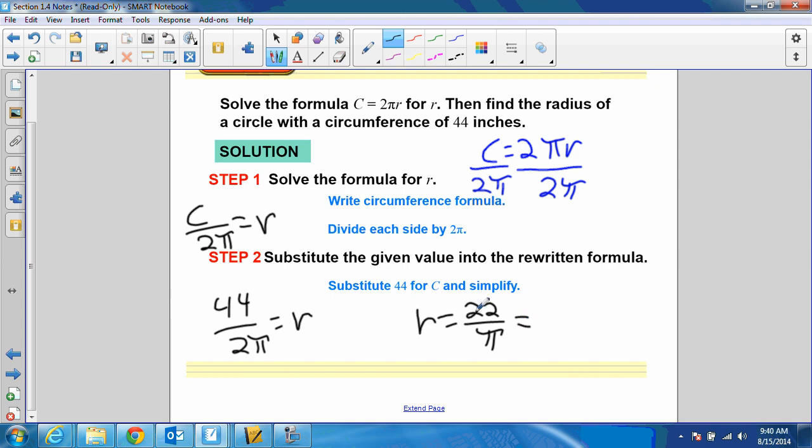I probably prefer you leave it in this form, but 22 divided by pi is approximately 7.0082. Probably this is the better way to keep it because it's clean, it's not messy, there's no decimals. You just know that 22 divided by pi is the answer.